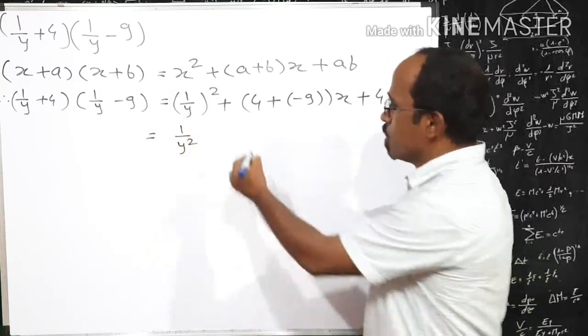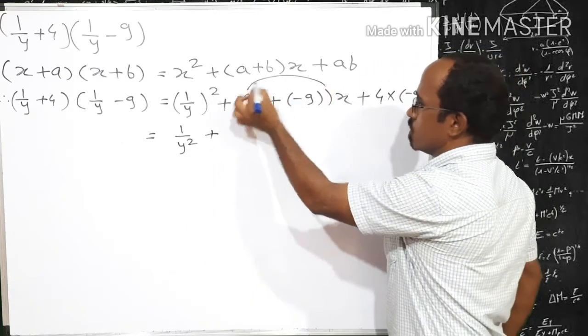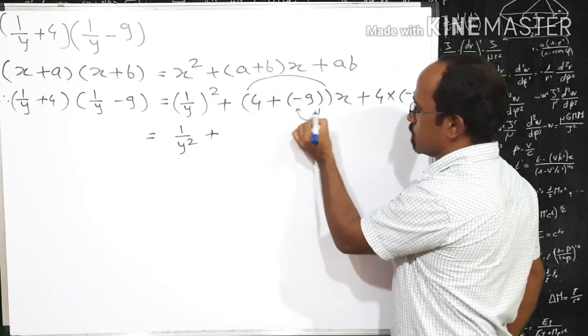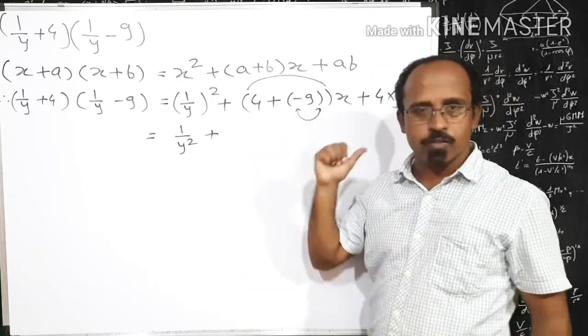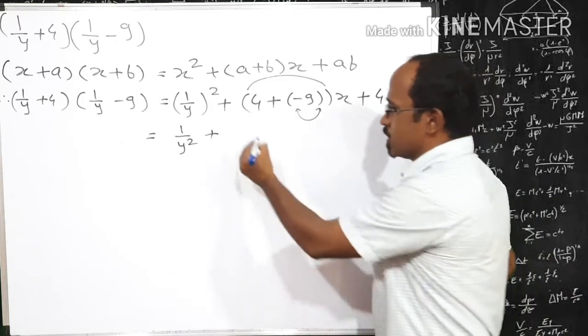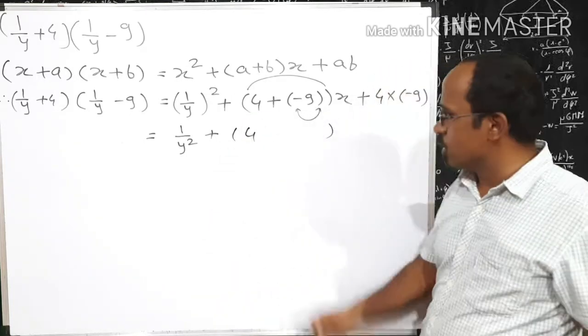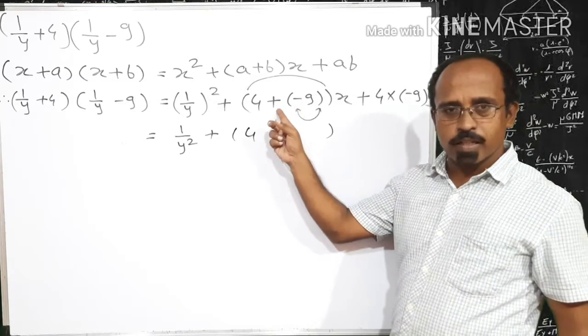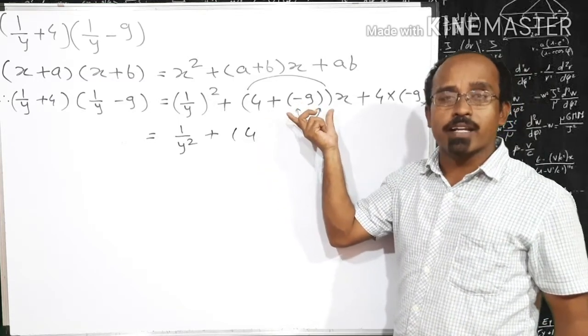Clear? Plus, now friends, here is a nested bracket. One is an outer bracket and one is an inner bracket. You know, in such a case what we have to do? We have to solve the inner bracket first. So the outer bracket will remain as it is. In the outer bracket this 4 is there. Now what is the case of the inner bracket? Plus (minus 9) means we just have to remove the bracket, nothing else.